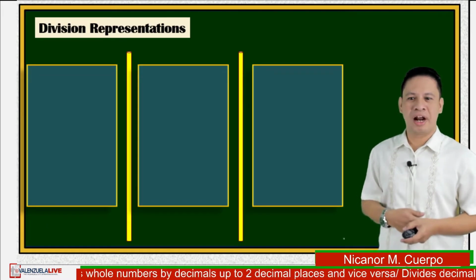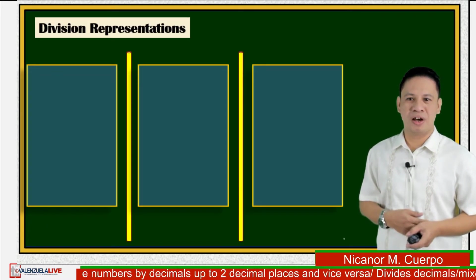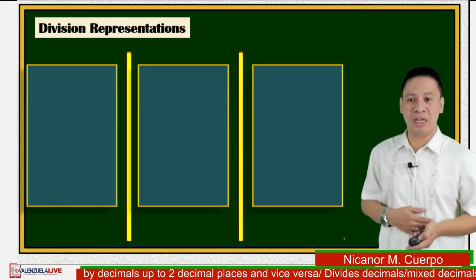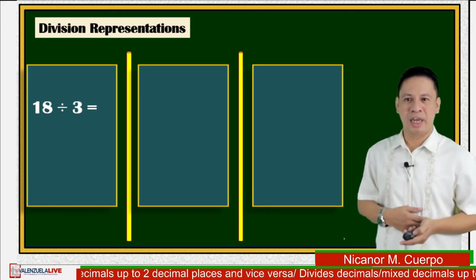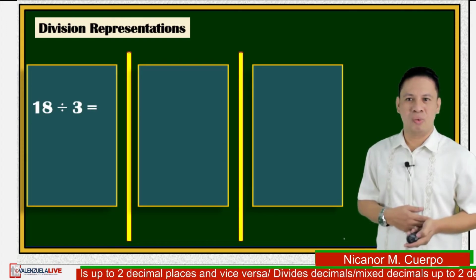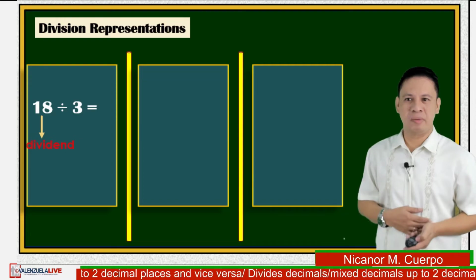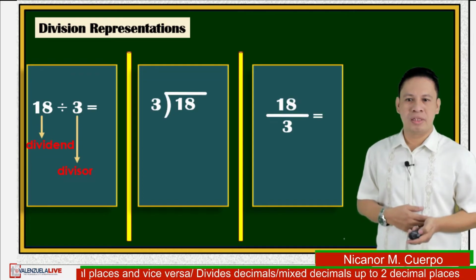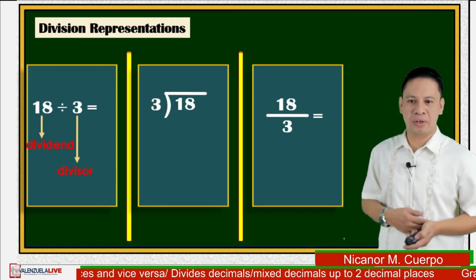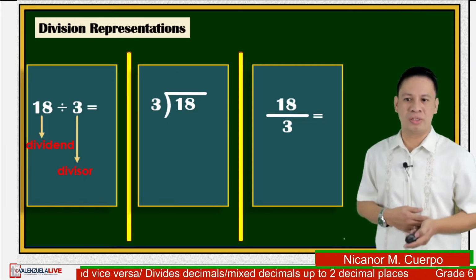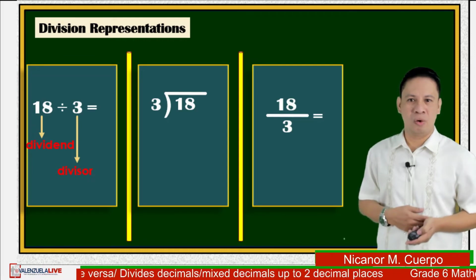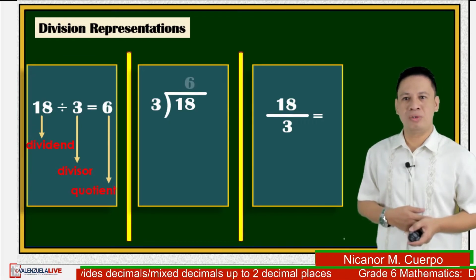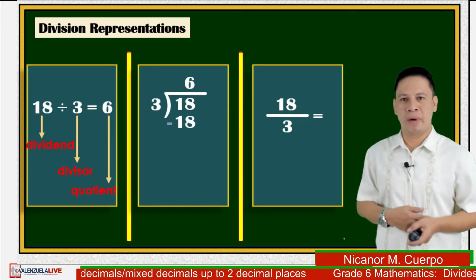Now, there are various representations of division, such as writing division in horizontal form, 18 divided by 3, wherein 18 is your dividend and 3 is your divisor. The second representation is the long division, where the number inside, which is 18, is the dividend, and the number outside is your divisor.